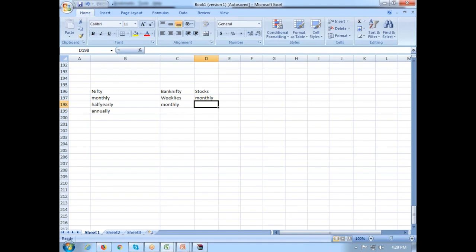So Nifty, Bank Nifty, and stock options. Front month and front week is most liquid.